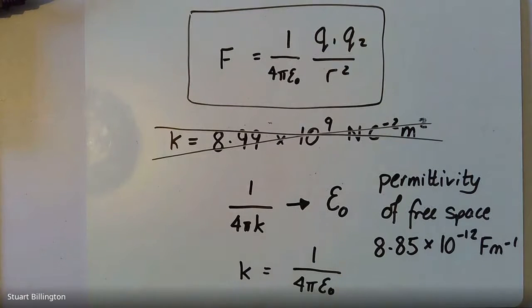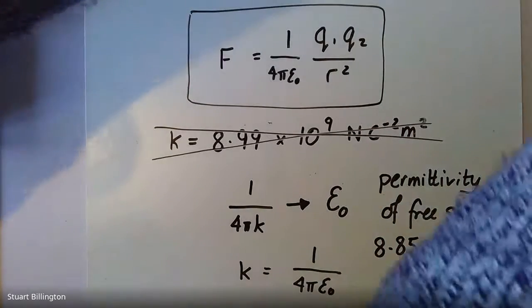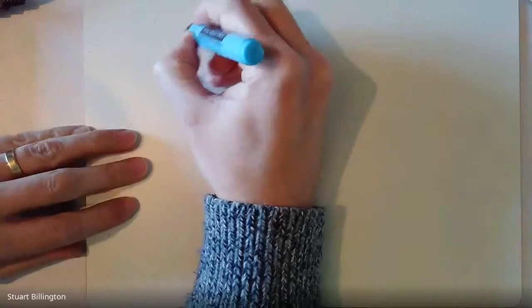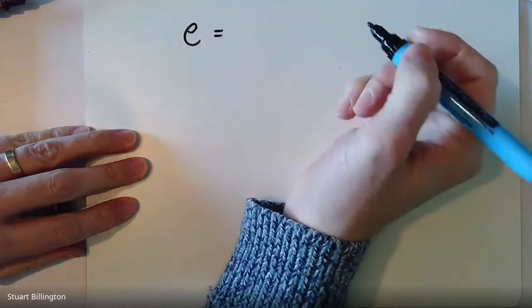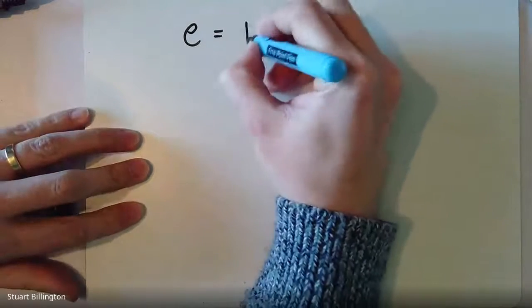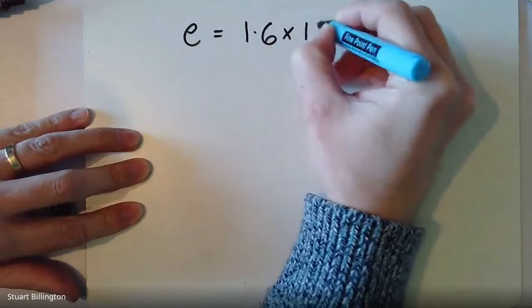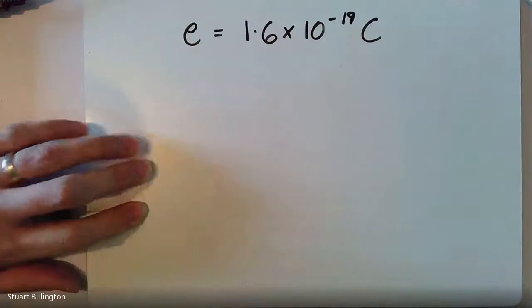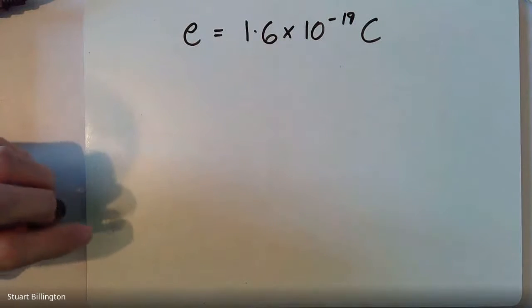So hopefully you will recall that the charge on a proton is the elementary charge, 1.6 times 10 to the minus 19. So E is not standing for electron, it's standing for the elementary charge. So each of your protons has that charge.